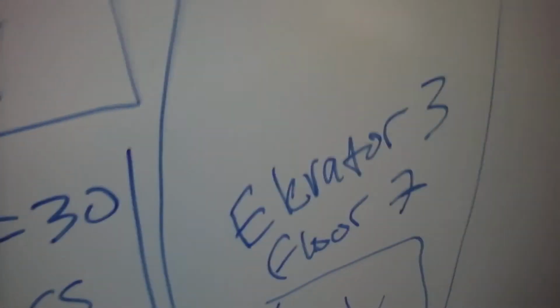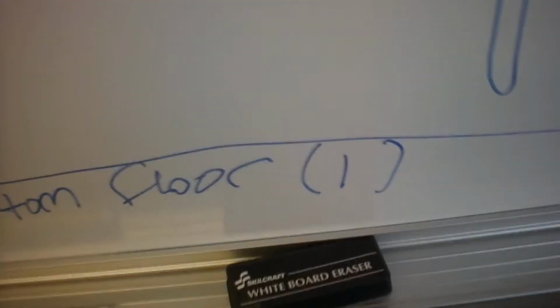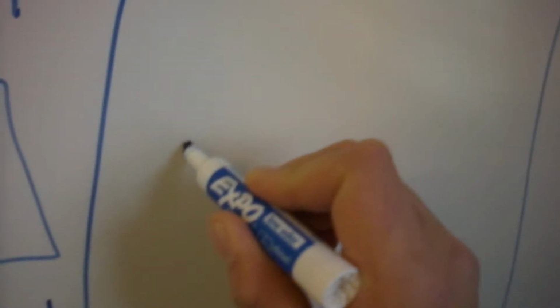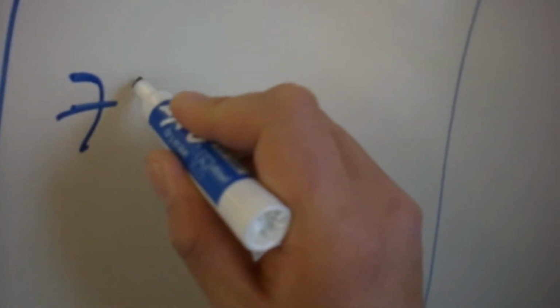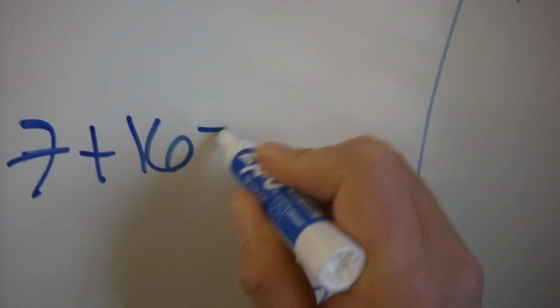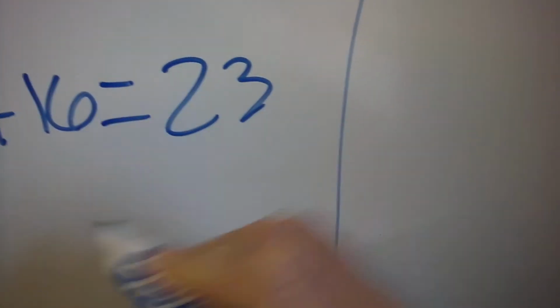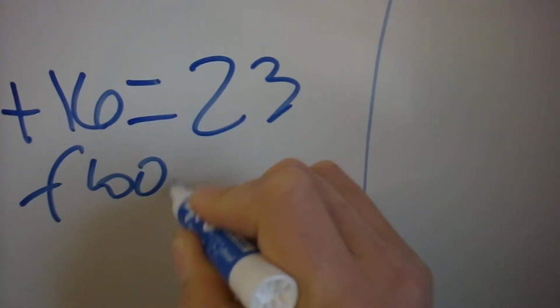And let's do some simple and quick calculations for that as well. So going from floor 7 down to floor 1 is 7 floors. Then going from floor 1 to floor 16 is 16 floors, which gives us a total of 23 floors.